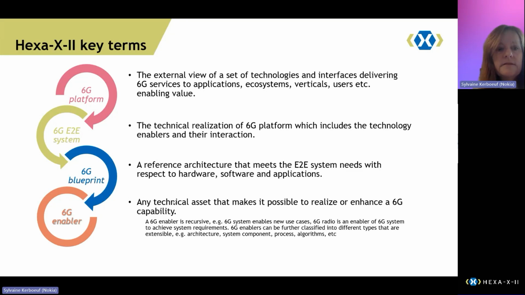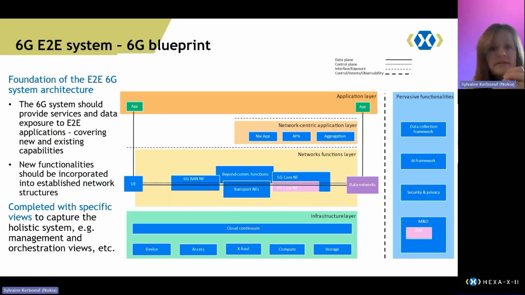So now, based on the design principle and the system requirements, we provided the first foundation of this 6G blueprint that allows us to have a framework for integrating all the new functionality and technologies that come from a selection of enablers that are ongoing inside Hexa-X-II, but also covering innovation and enablers coming from other SNS, European SNS projects related to 6G.